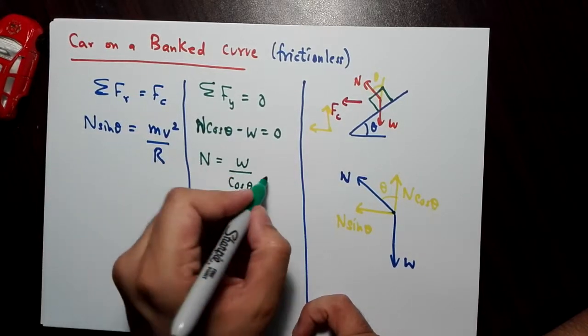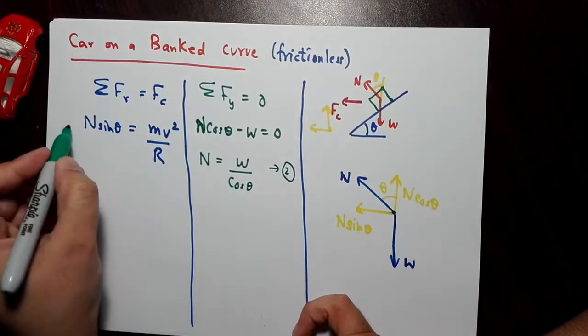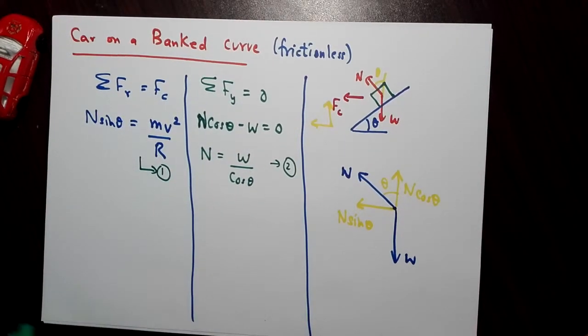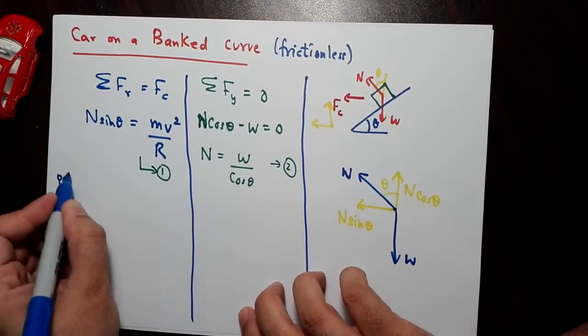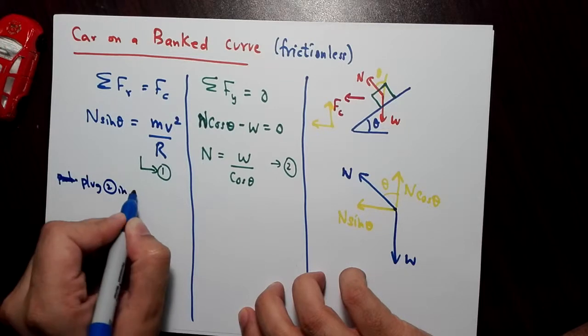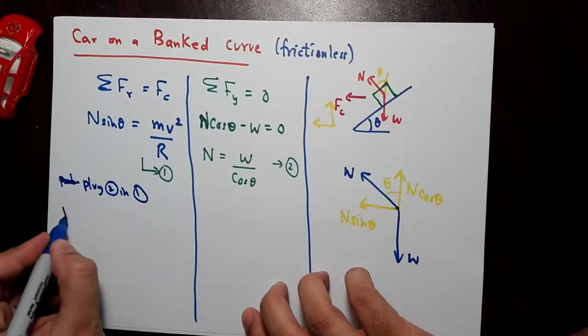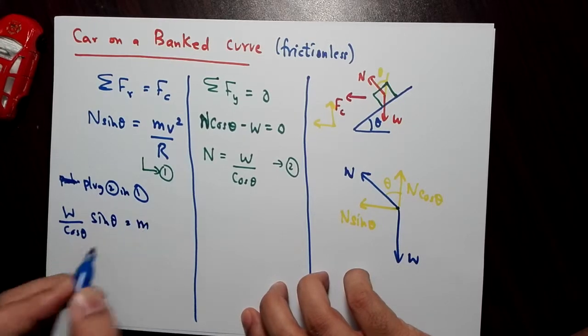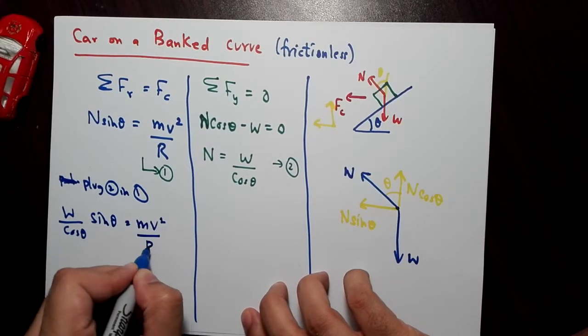Let's call this equation 2, and the earlier one equation 1. Plug 2 in 1, so you get W over cosine theta times sine theta equals mv squared over r.